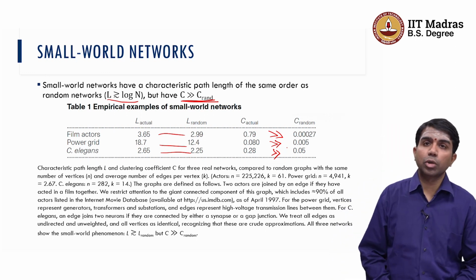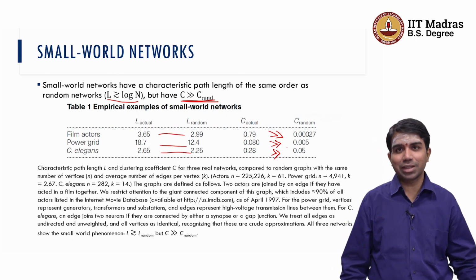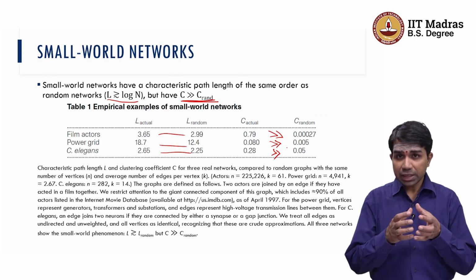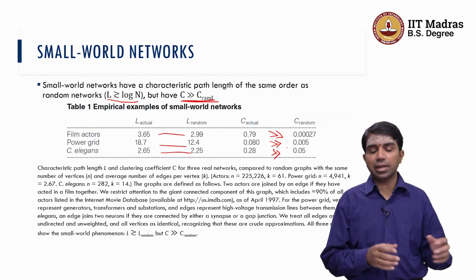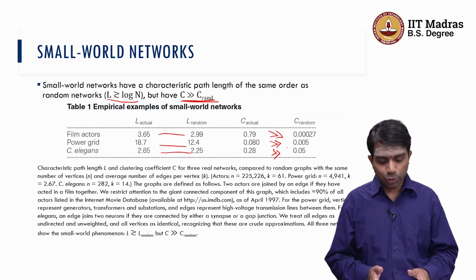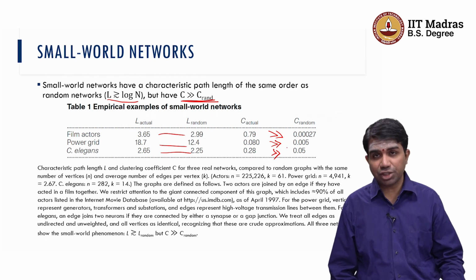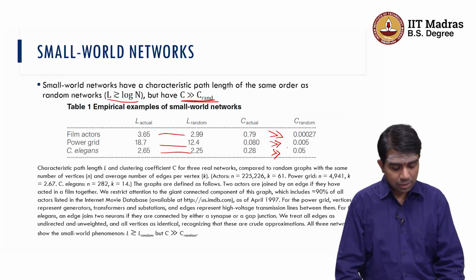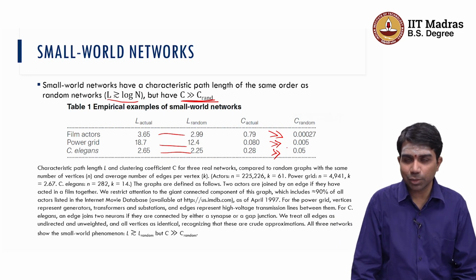How did they go about doing this? I think I already gave you a hint when we talked about random networks a few minutes ago, where we were looking at generating ensembles of GNP graphs and making comparisons. And that is exactly what you do here. I have a value of n and a value of average degree k, so you can figure out the total number of edges in the network.